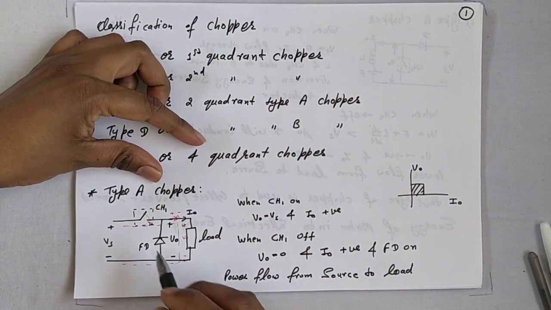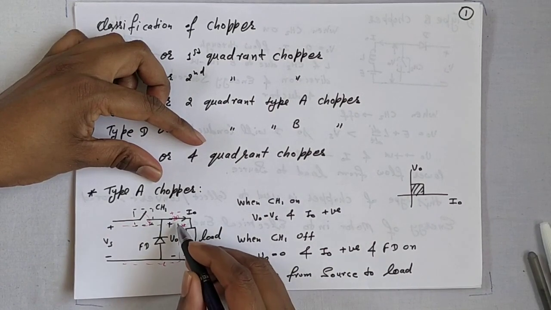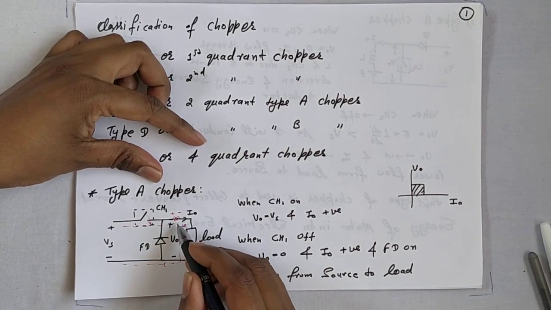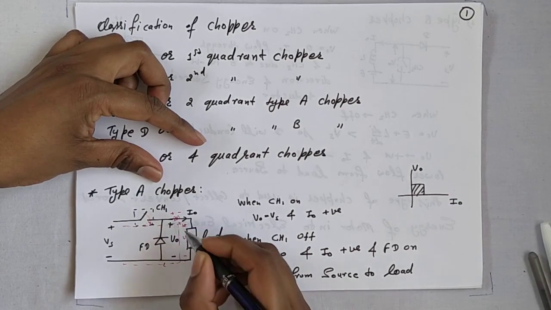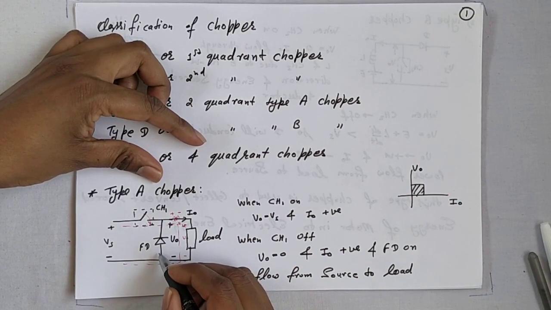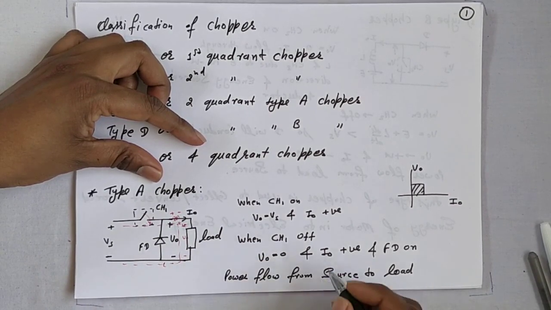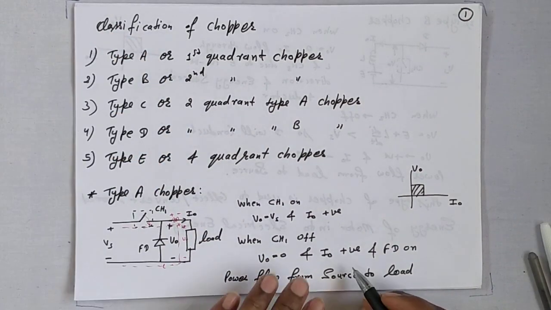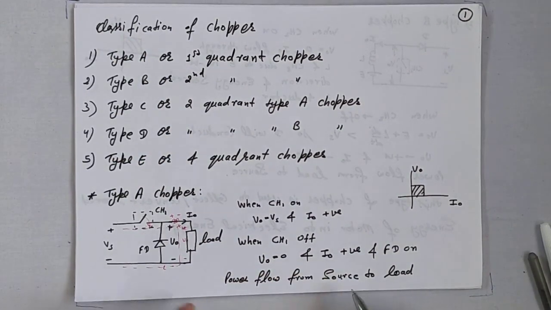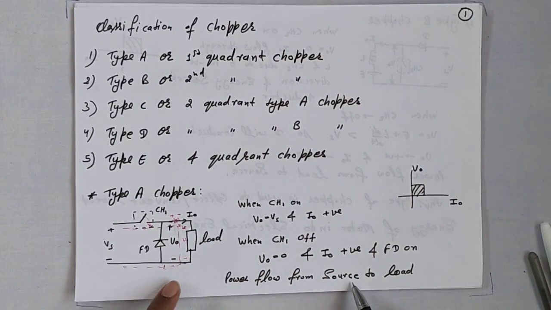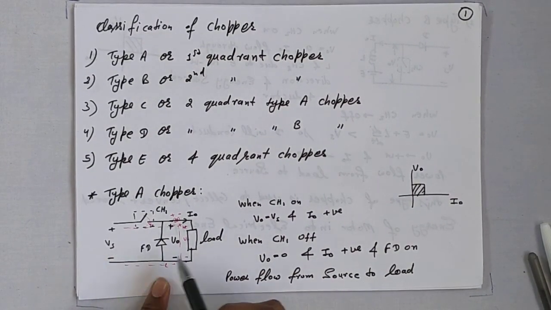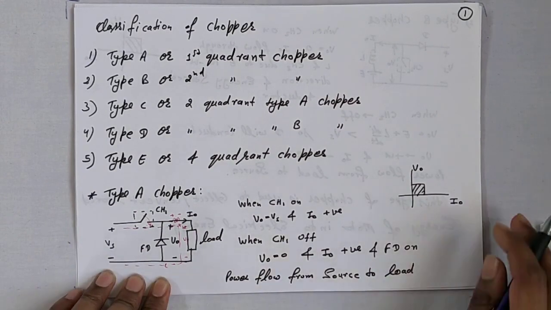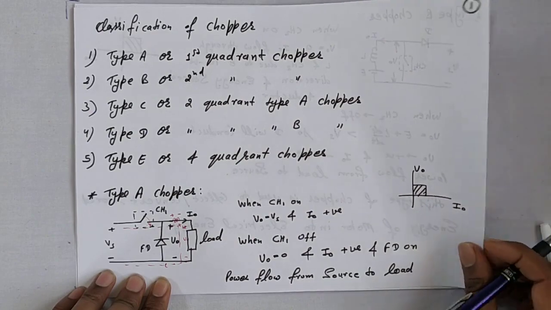When CH1 is off, this inductor of the load will discharge in this polarity. So the FD will turn on, and output voltage V0 is 0 and I0 is constant, flowing in the same direction. Power flows from source to load. No power is flowing from load to source. This is the type A chopper.